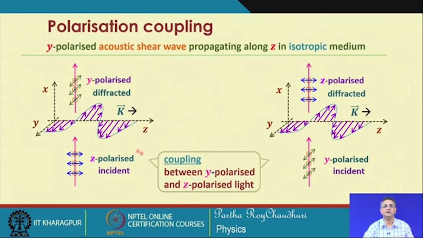So, through this shear acoustic wave, you get a coupling between y polarized and z polarized optical light. If it is z polarized, you get y polarized. And these are the two possible polarizations. These are two orthogonal eigen polarizations as far as this optical wave is travelling close to the x direction.